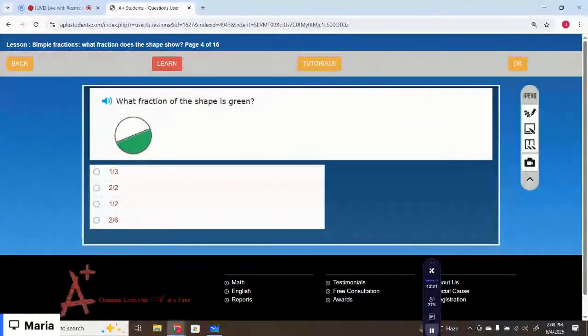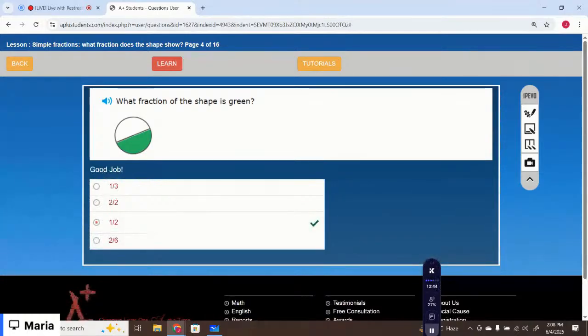What fraction of the shape is green? That is one out of two. The shape has two equal parts, one of them is green, so it is one out of two.